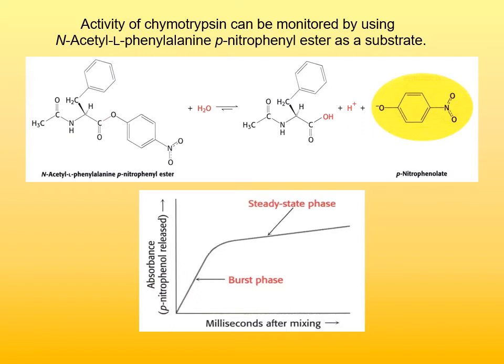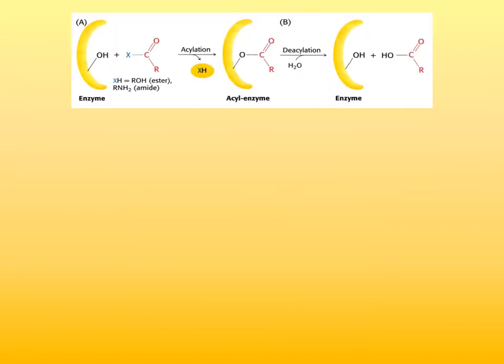And by monitoring the activity of the enzyme, we have noticed that there are two stages that are evident: a rapid burst phase and then steady state. The mechanism of the reaction involves two steps. Step A is acylation.